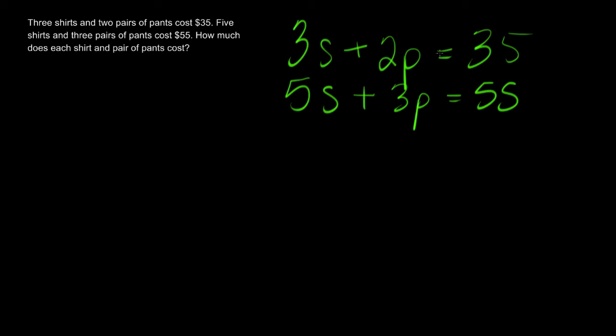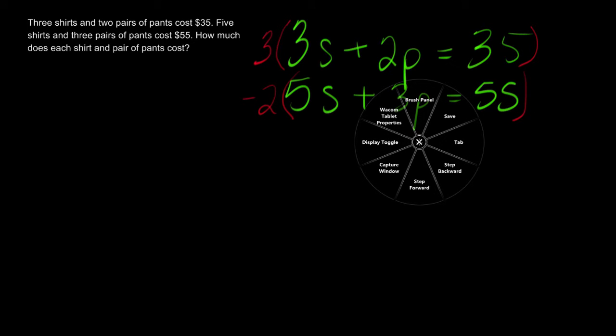In this case, I'm going to try to cancel out the P's. So I'm going to multiply my first equation by 3 and my second equation by -2. That way the P's are opposite of one another and they cancel out.